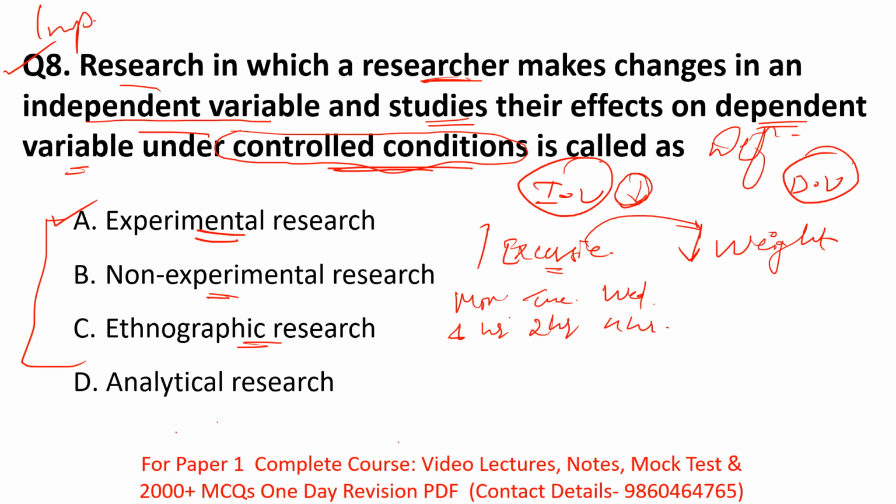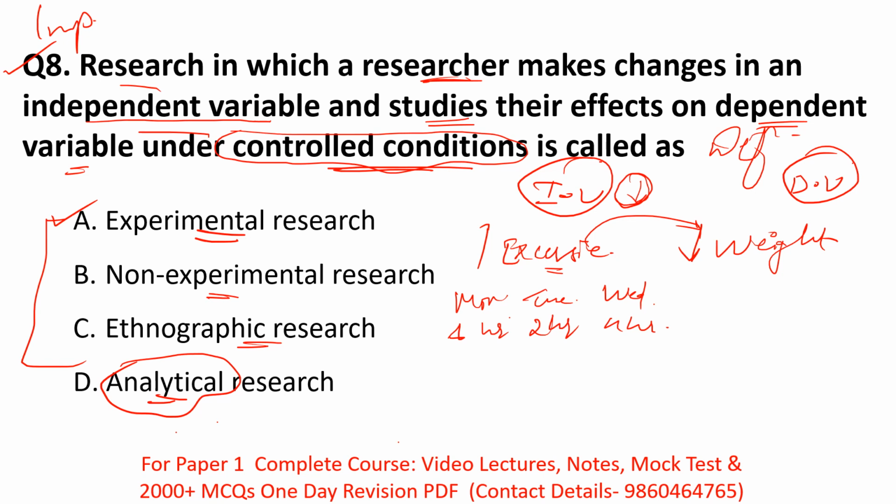Analytical research is related to chemistry, where you have all your data and you do experiments. But in this question they are asking about the relation, and the variable the researcher is changing is the independent variable to see its effect on the dependent variable.